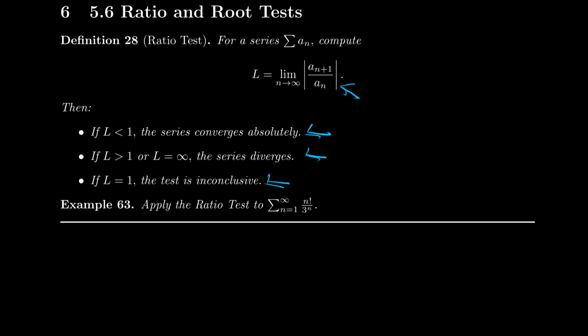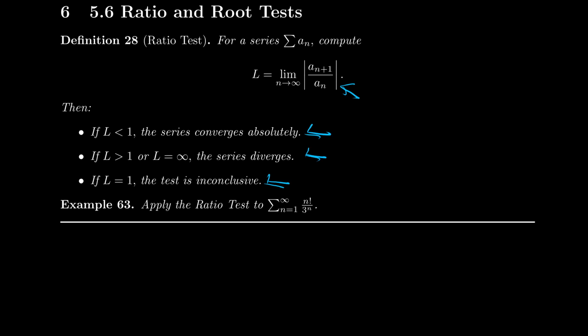Which is why we could use that divergence test earlier on that alternating series about 4 or 5 examples ago. That's why that was the case. But if something converges absolutely, it converges. If L is greater than 1 or infinity, it diverges. Otherwise, it's inconclusive. Let me show you how to use this because it's the easiest way to do it.